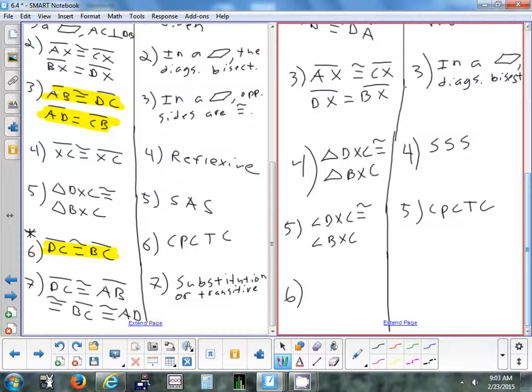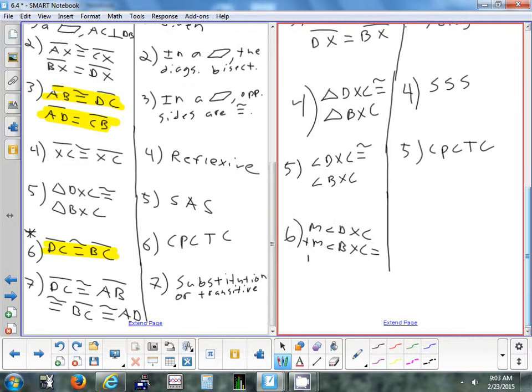So, let's write it like this. The measure of angle DXC plus the measure of angle BXC equals 180.